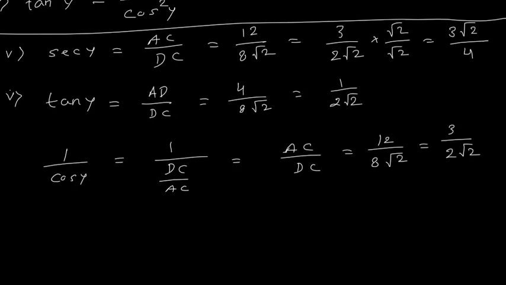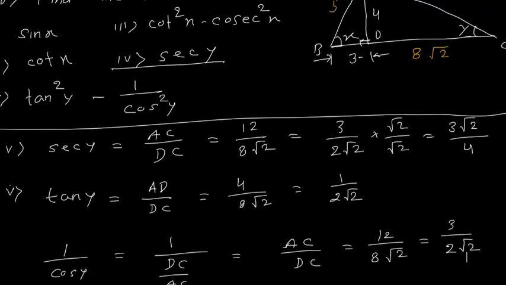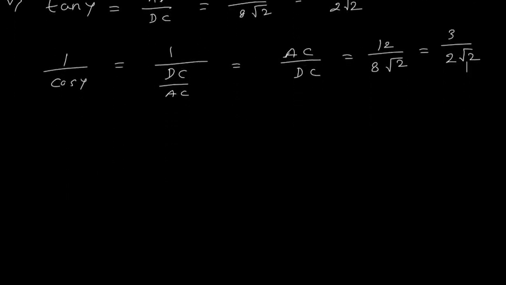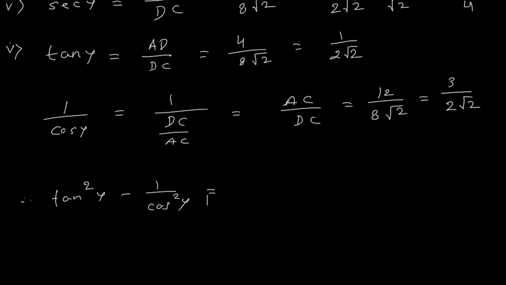Now we have to find tan square y minus 1 upon cos square y. So tan square y minus 1 upon cos square y is equal to 1 upon 2 root 2 the whole square minus 3 upon 2 root 2 the whole square.